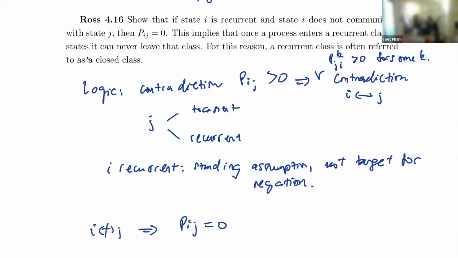My assumption there was just that it's given that I is recurrent, and we're just making that a standing assumption. Correct. Pij is greater than zero. So for I to be recurrent, there has to be a pathway back. Is there a step I'm missing?